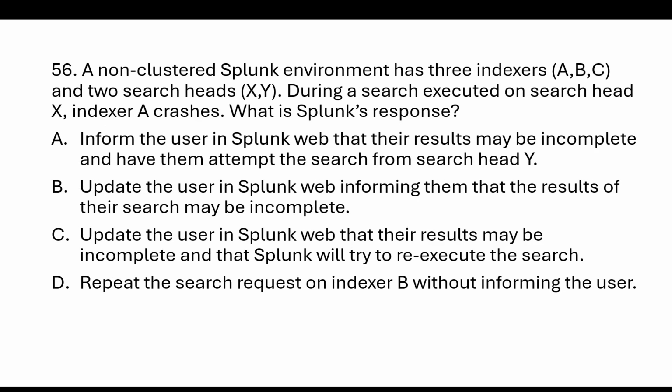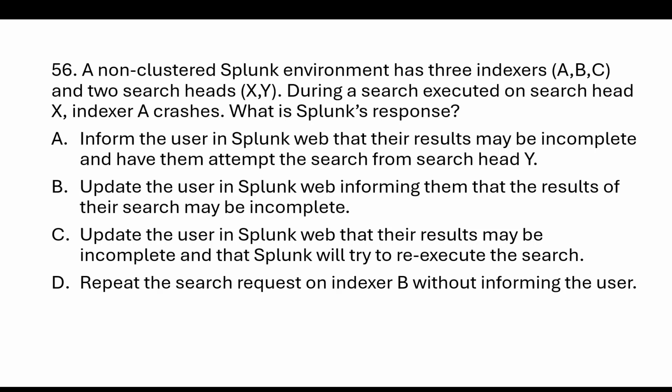Question number 56. A non-cluster Splunk environment has 3 indexers A, B, C, and 2 search heads X, Y. During a search executed on search head X, indexer A crashes. What is Splunk's response? Option A, inform the users in Splunk Web that the results may be incomplete and have them attempt the search from search head Y. Option B, update the user in Splunk Web informing them that the results of their search may be incomplete.